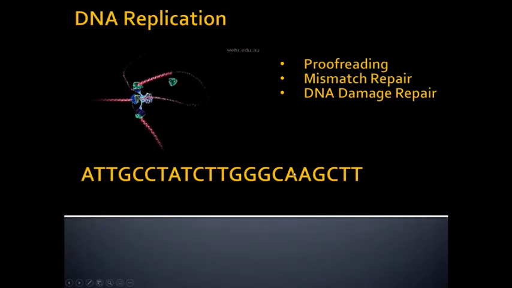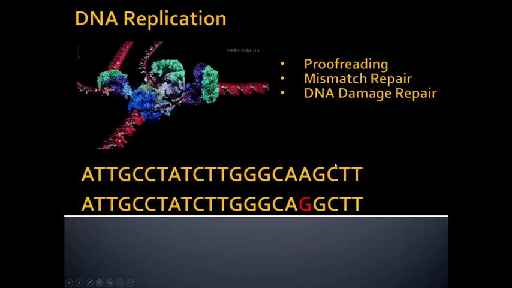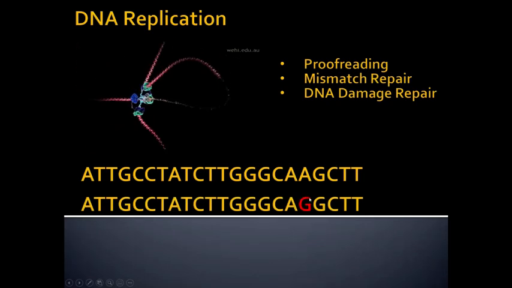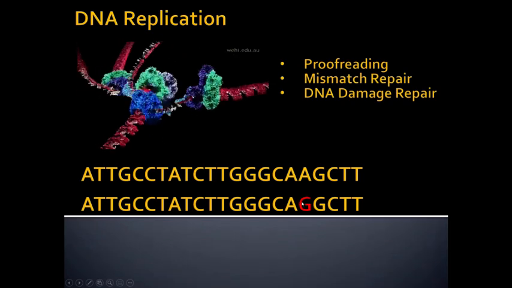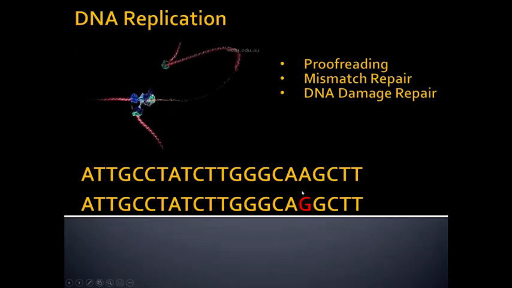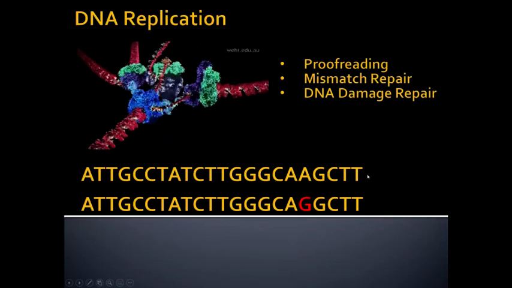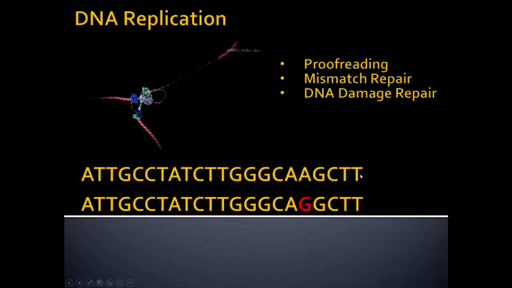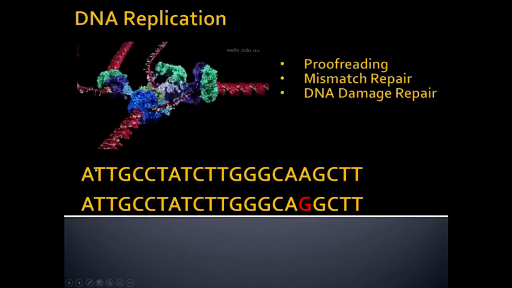So we have a DNA strand, we make a copy of it, and sometimes, rarely, but sometimes, we make a mistake. And the little enzymes that are copying it, in this case, put in a G instead of an A. Now, a little bit of a note about when we see a string of letters like this representing molecules in the DNA. By default, we only show one of the strands. We could put the other match.